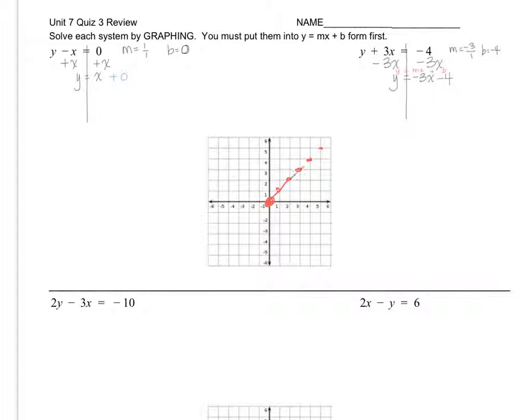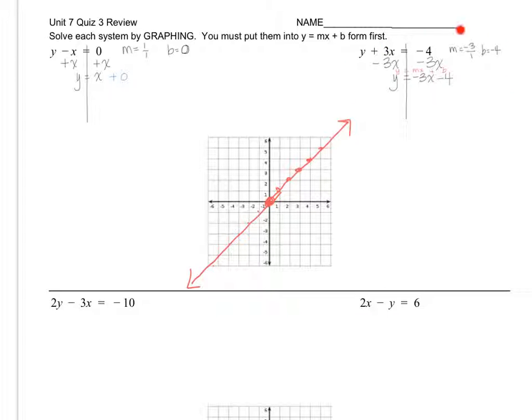That will take us on the right-hand side of the graph. What do I do to go on the left side of the graph? Reverse it. Okay. So that is the graph of y equals x.